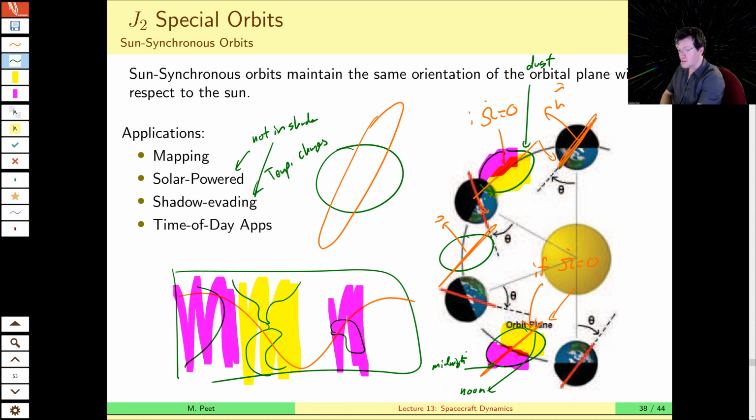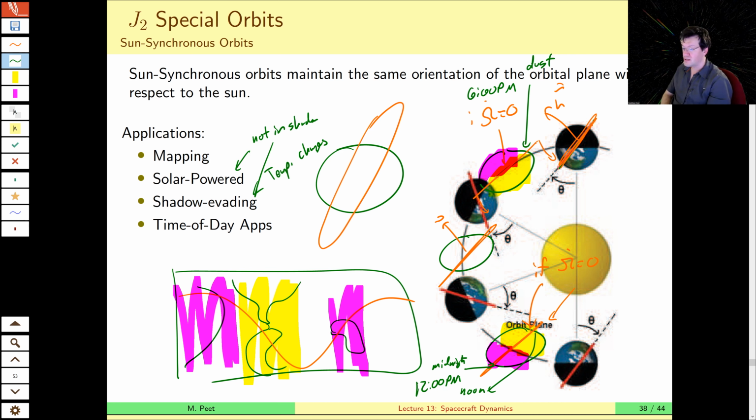So this is a 6 p.m. orbit, 6 p.m. to 6 a.m. Here it's a 12 o'clock p.m. orbit. And so a sun-synchronous orbit allows you to design an orbit where omega dot drifts slowly and at the same rate at which the apparent position of the sun is changing.